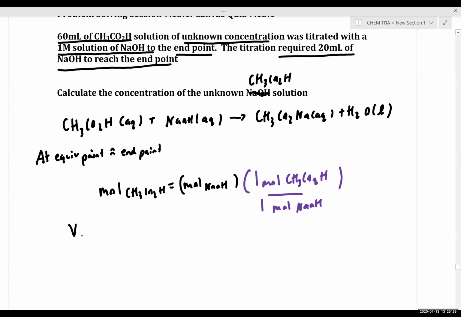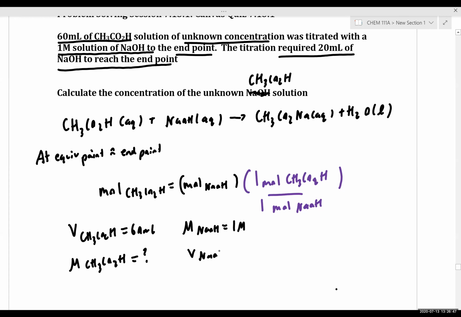So we know that the volume of acetic acid is 60 milliliters. The molarity of the acetic acid solution, we're not sure about. The molarity of sodium hydroxide is 1 molar, and the volume of sodium hydroxide is 20 milliliters.